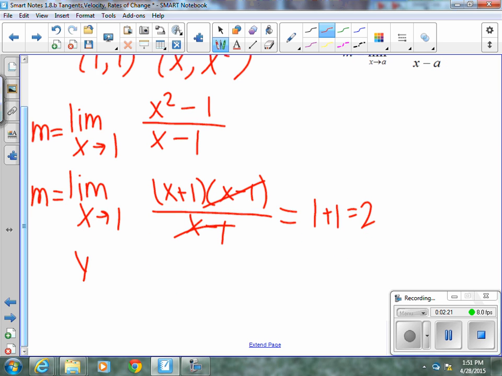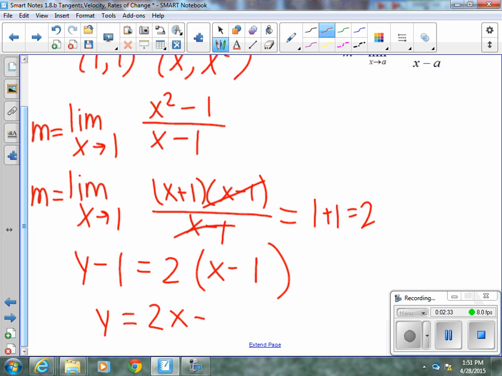So now that I have the slope, I can use point slope form, put in my slope, my x and my y were 1, 1, and find that y equals 2x minus 1 for the equation of our tangent line.